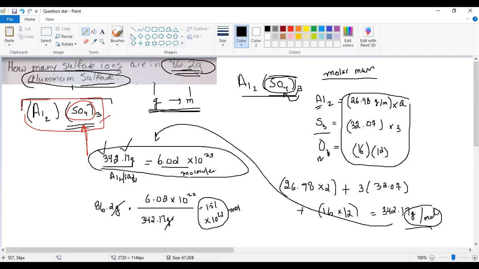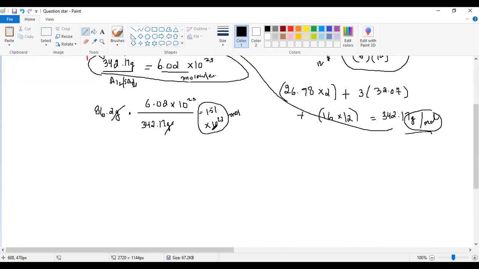But your original question was to figure out how many sulfate ions there are in 86.2 grams of aluminum sulfate. Or in order to rephrase this in a more convenient manner, you could just say how many sulfate ions are there in these many molecules, right? So you have 1.51 times 10 to the power 23, and you want to figure out how many sulfate ions are in these many molecules of aluminum sulfate.